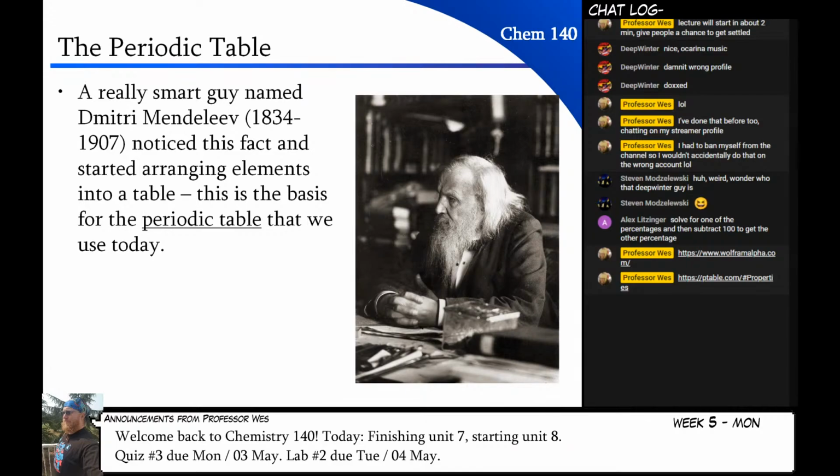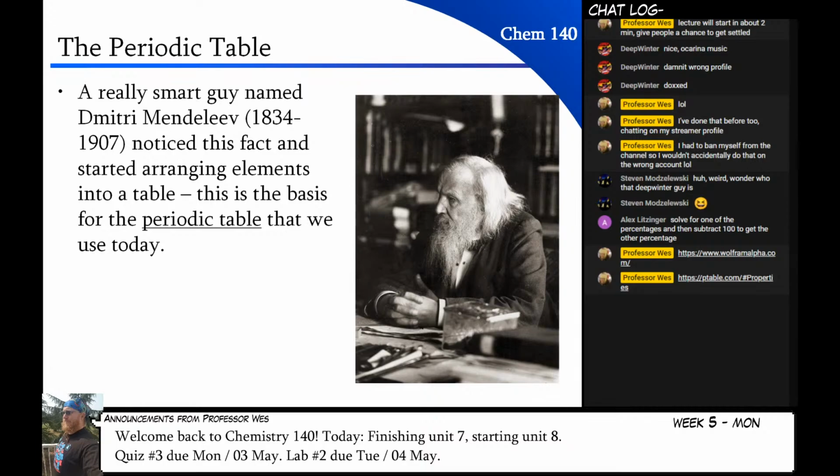Mendeleev was a very prominent chemist who discovered lots of different facets and facts about various elements and said, well, instead of just having all of this information, what if we tried to condense it into a table? And so he did.